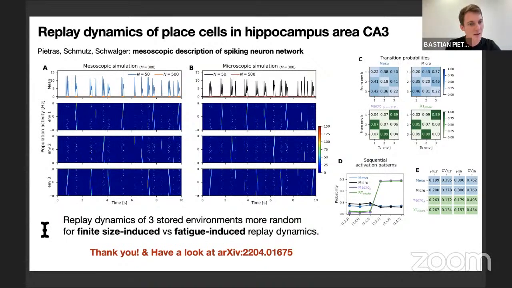And the results basically are that in our finite size model, or in this finite size induced regime, the replay dynamics are way more random than in deterministic models. And more information about that is in our arXiv manuscript.